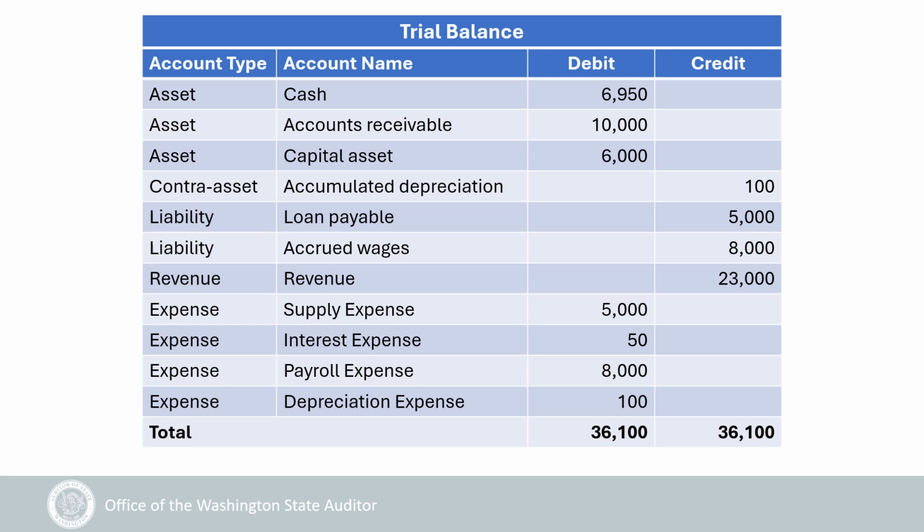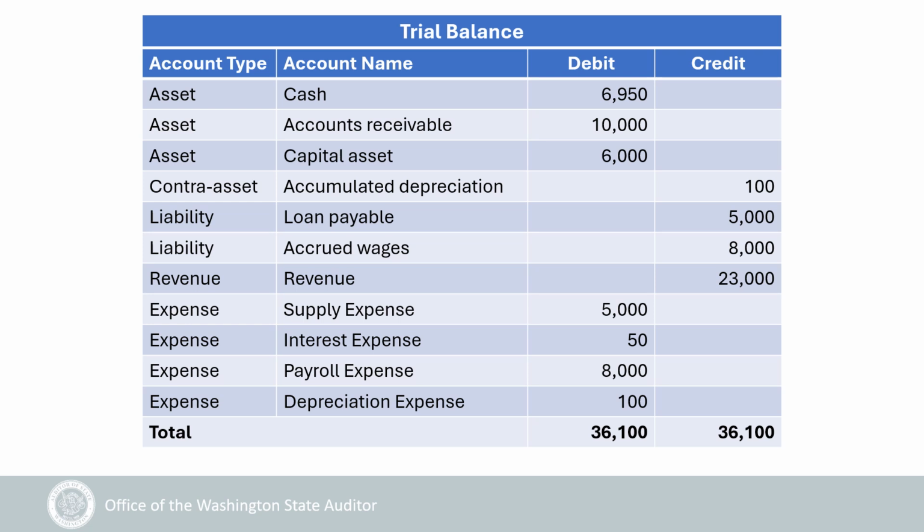Our liability and revenue accounts have credit balances, which are the normal balances for those accounts. If any of these accounts did not have a normal balance, for example, let's say one of the expense accounts had a credit balance, that might indicate something went wrong somewhere along the way. Also, any negative amounts in here would indicate that something unusual happened, and we should investigate further.